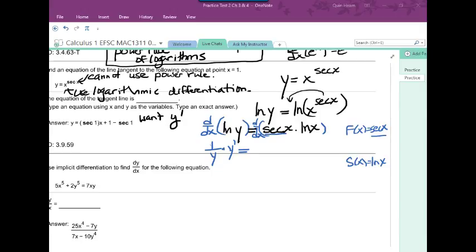So let me grab one from the internet just to show you how accessible they are. List of derivative rules.